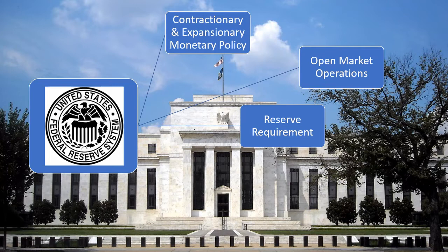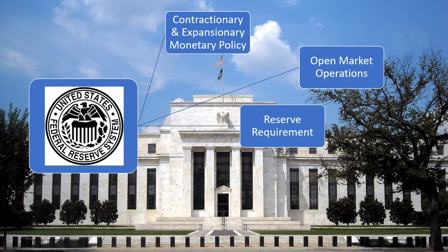If they bring that amount up, so the bank has to have more money, then they have less money to loan out at the end of the day. If they bring it down, then the bank has more money to operate with. So they use their contractionary and expansionary policy by raising and lowering this reserve requirement.